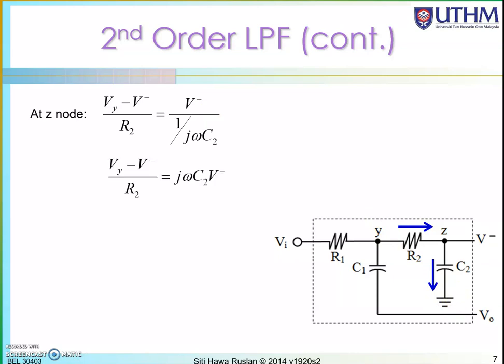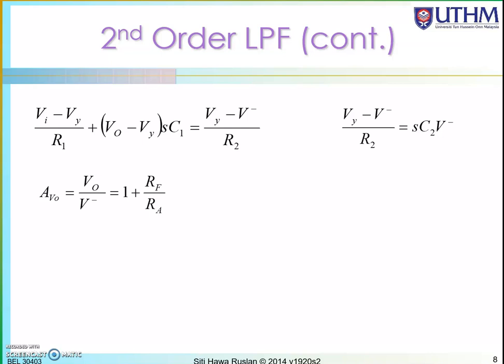And again, simplify this equation. Substitute j omega with S, so you get the second equation. So you already get three equations actually. This one is from node Y, this is from node Z, and this is from your amplifier.